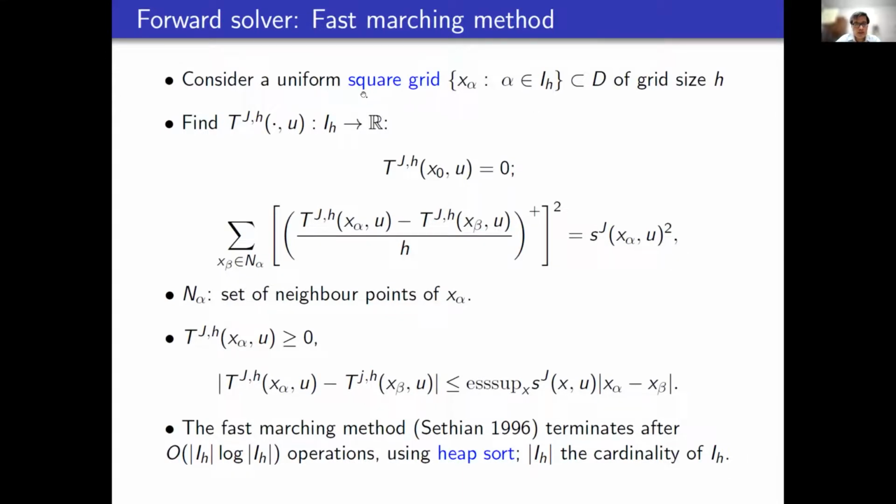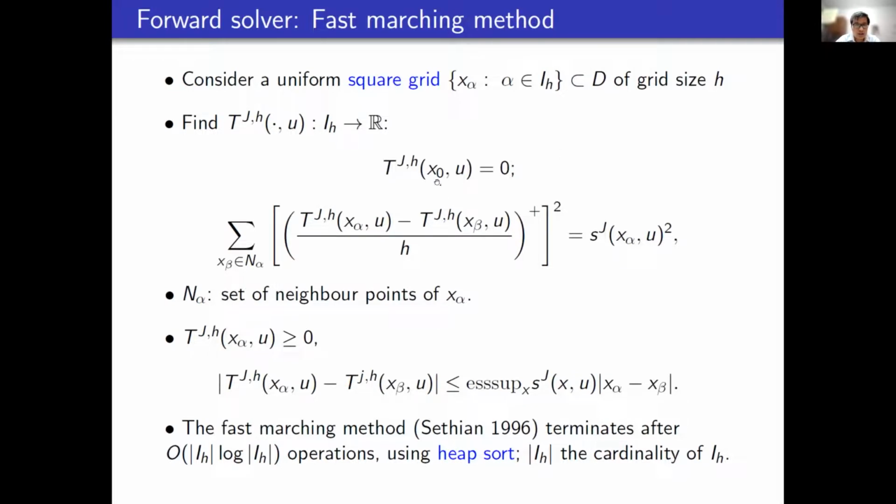So this is the set of points inside the domain D at which we wish to solve for the solution of the forward equation, and we assume that the mesh size is just this little h. So we need to have a special way to deal with the boundary points, but let me not talk about it here.